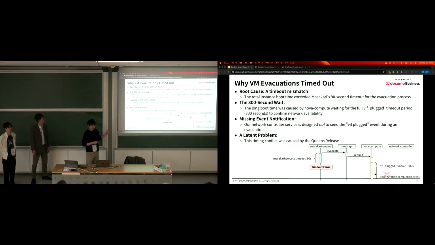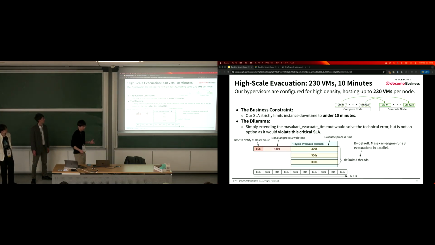Even with this behavior, the evacuation process in OpenStack Mitaka completed within 10 minutes. However, due to a behavior change in OpenStack Queens, it now takes longer than 10 minutes. At first, we thought we could just extend the timeout value, but it wasn't that simple.